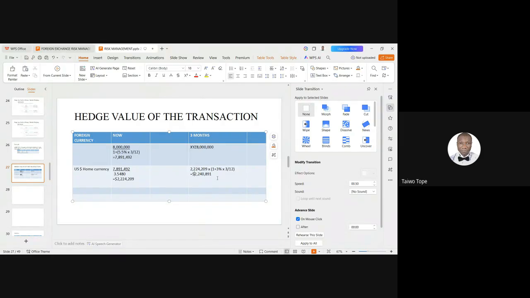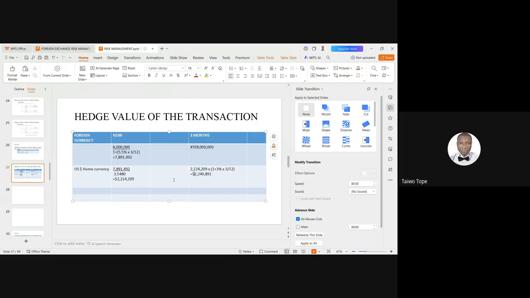So most questions will give you forward rates. They want you to compare between forward hedging and money hedge. Which one is better? Now, this is in terms of receipt. If forward rate will give you the highest receipt, you advise that you go with the forward rate. If money hedge will give you the highest receipt, you go with it.